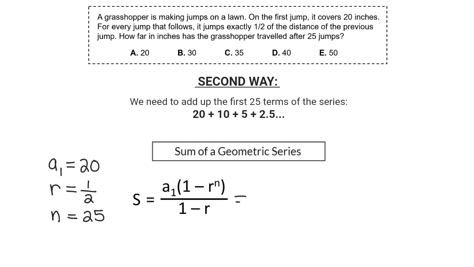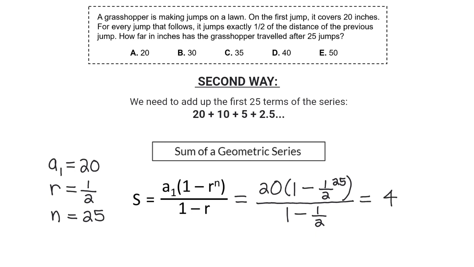So plugging into the formula, you're going to end up with 20 times 1 minus 1/2 raised to the 25th power, all over 1 minus 1/2. And so if you work this out in your calculator, you're going to end up with an answer of 40. So the total distance that the grasshopper has jumped is exactly 40 inches. And once again, the answer is D.